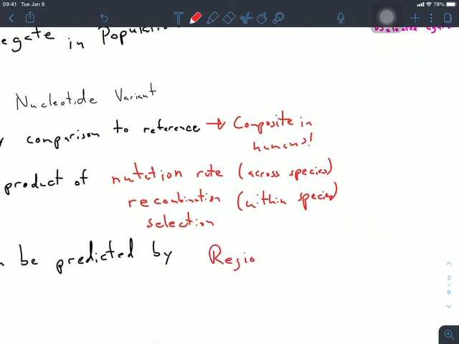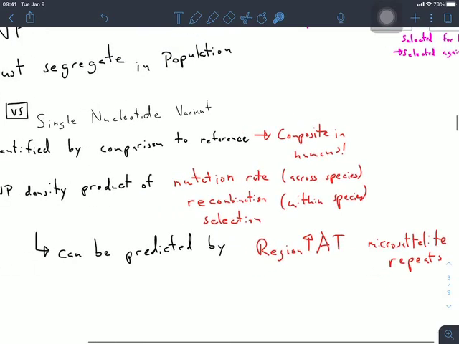Regions high in AT content, adenine or thymine content, regions that are microsatellite repeats, not even confident I spelled microsatellite correctly, but we'll talk a little bit more about what microsats are in a moment here, but regions that are repetitive with an AT motif are going to have a higher SNP density or a different SNP density than regions with higher GC content.